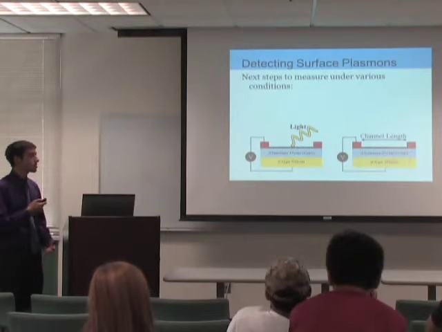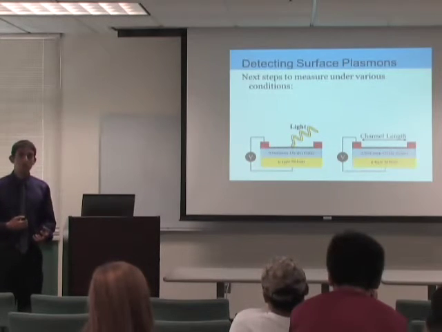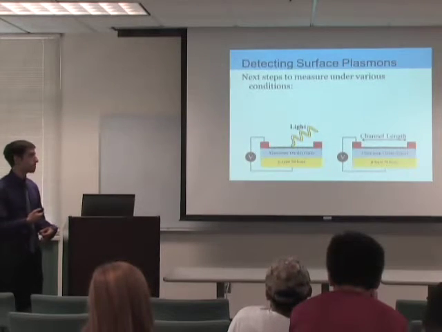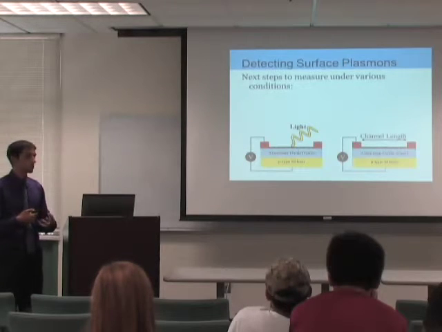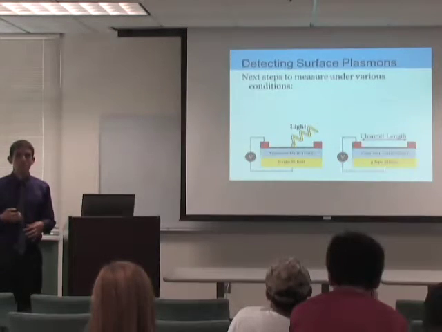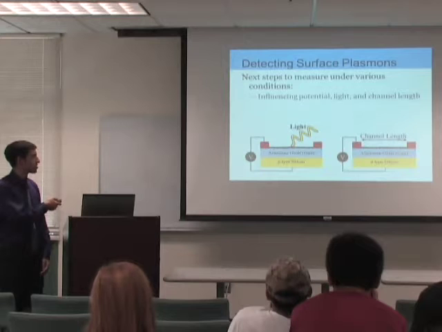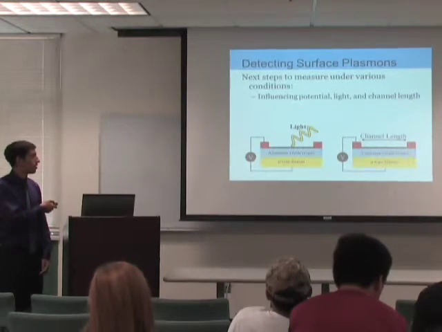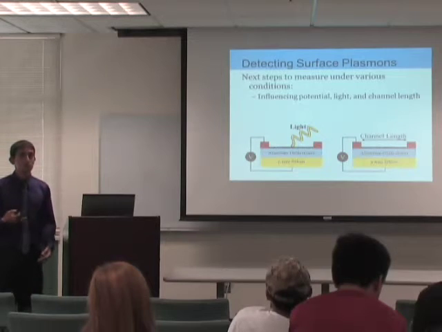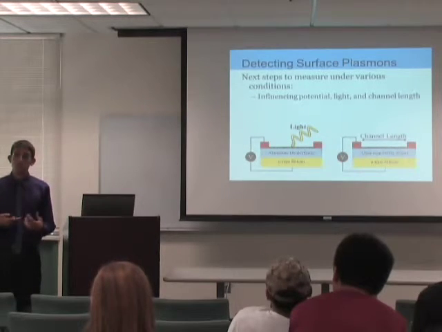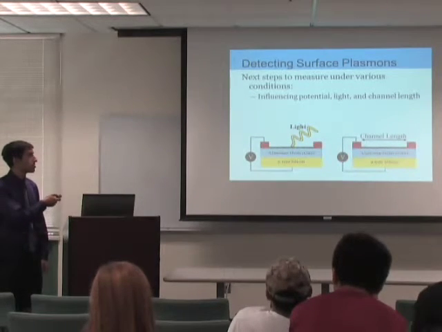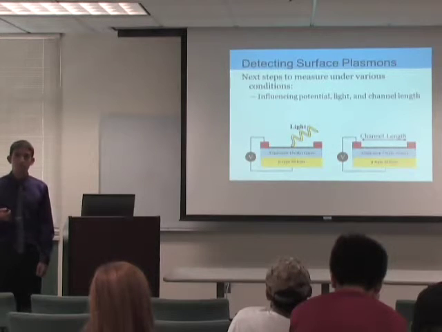So, like I said, we have successfully completed our devices, and we hope to continue with our electrical measurements once we've figured out a few of our problems with our testing apparatus. But as of now, we hope, in the future, to look at different potentials that we apply to this device, varying the gate potential, as well as the different types of light that we shine on this device.